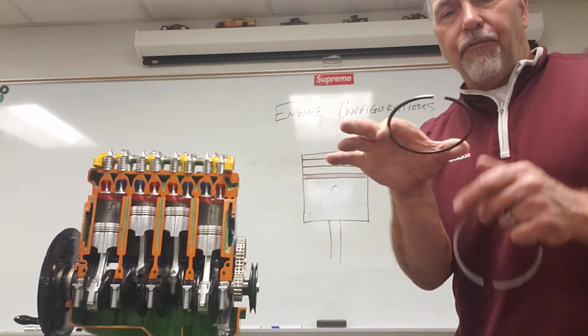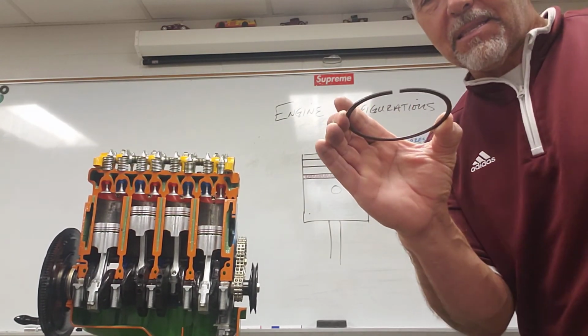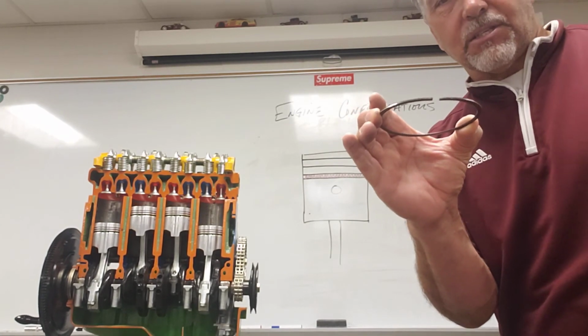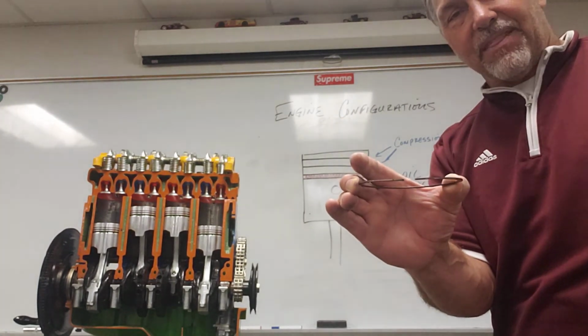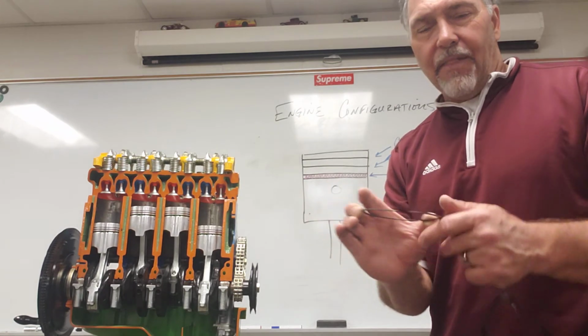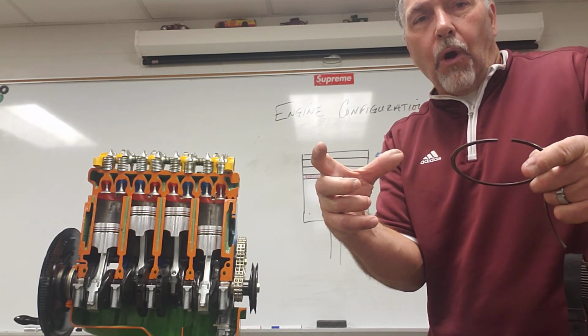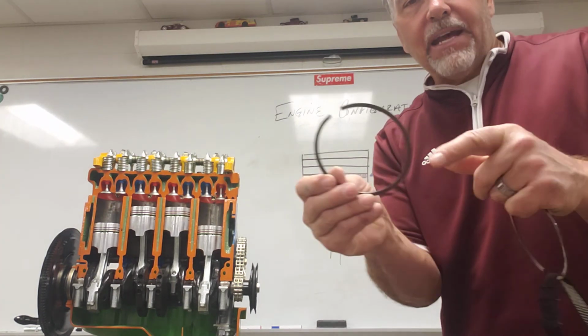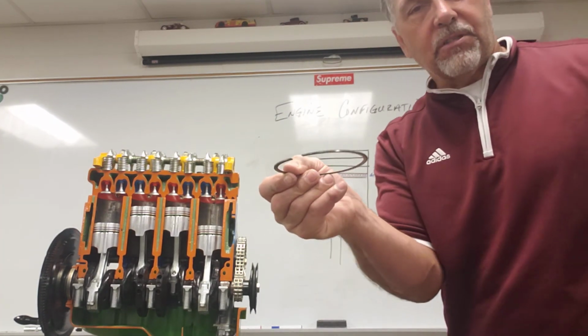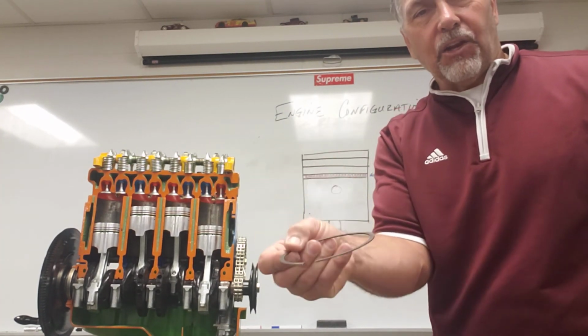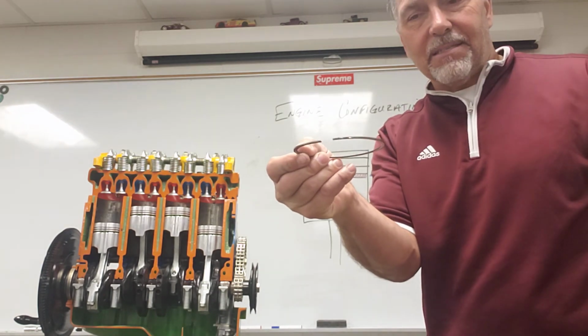Okay? So you compress the piston ring to squeeze it so that it will fit down inside the cylinder area. And then because it has tension on it, it wants to widen out, and the outer edge of the piston ring will seal against the cylinder wall and keep a tight seal.